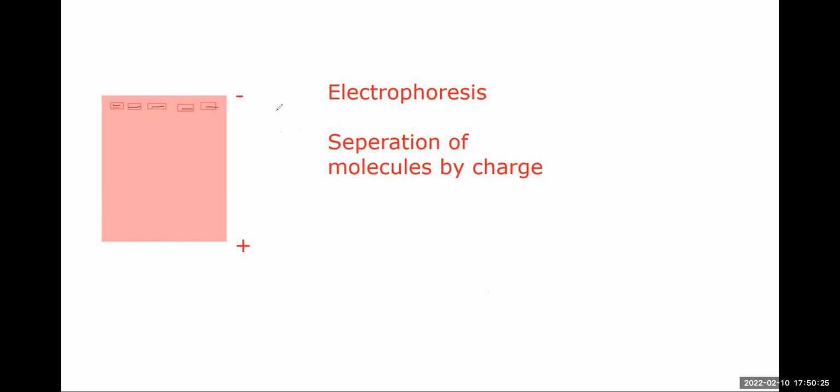What is the charge on DNA? The charge on DNA is negative, right? So when you apply electricity, this will move from negative to positive. So what will happen? DNA will come out from the wells and move on this matrix.